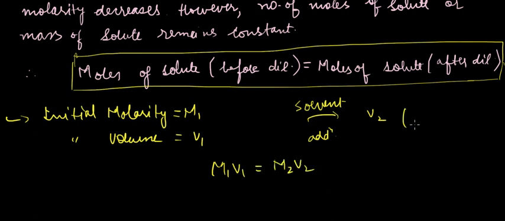This is the final molarity and final volume of solution. We are not adding V2 volume of solvent, we are adding some solvent so that the final volume becomes V2. And why is this the case? This is the initial number of moles, and this is the final number of moles. As the number of moles won't be changing, we can equate M1 V1 to M2 V2.